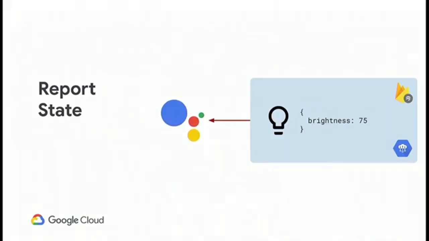Now, one additional piece of information that's relatively important to implement, not required per se, but it provides a much better experience similar to request sync, is another API call through the home graph that we call report state. If the device changes state locally for some reason, maybe it's a light switch and they walked over and flipped on the switch. I know it's weird to think of, but it does happen.